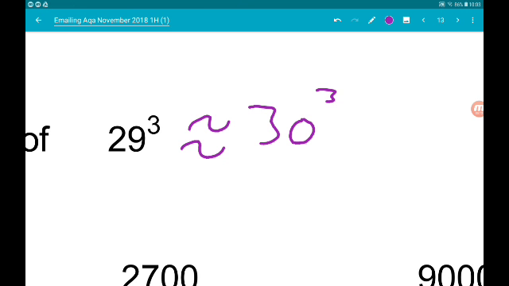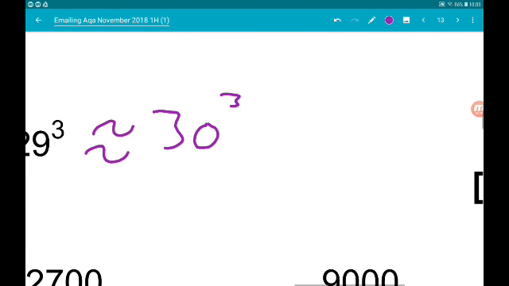So 30 cubed is, well, 30 times 30 is 900. So 900 times 30 is, well, 3 times 900 is 2,700. 10 times that is 27,000.